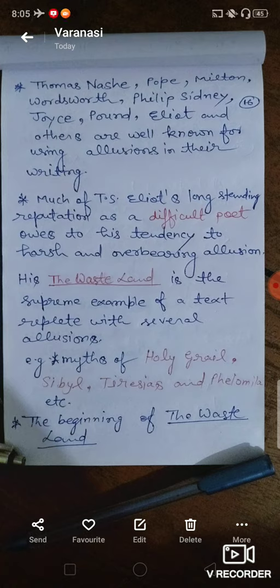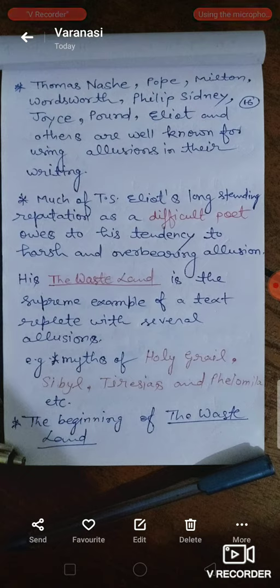See, for example, when we talk of his The Waste Land, it can be taken as the supreme example of a text replete with several allusions. When we talk of myths, several myths are there. I am talking of some of them. For example, the Holy Grail, the myth of Sibyl, Tiresias, and Philomela.